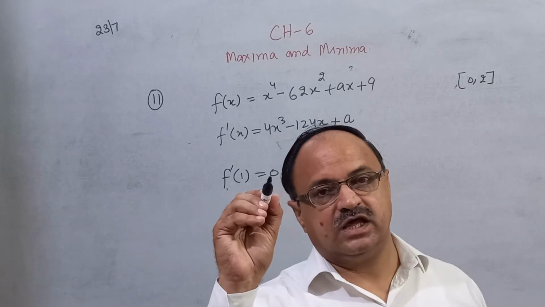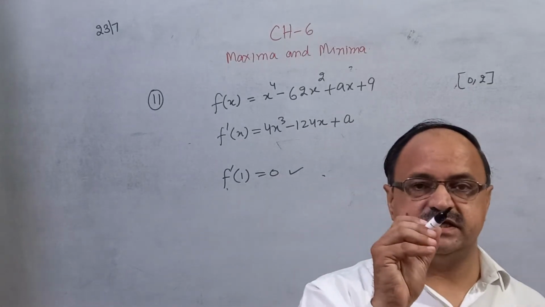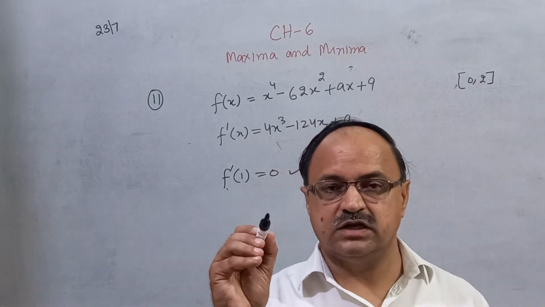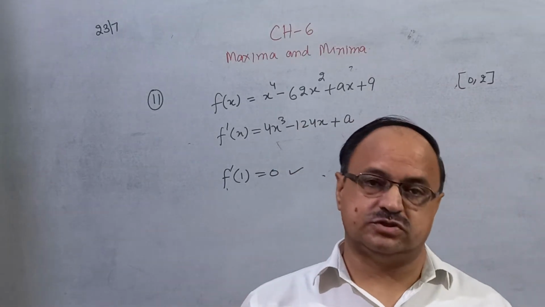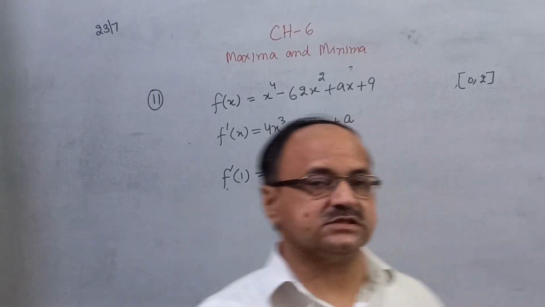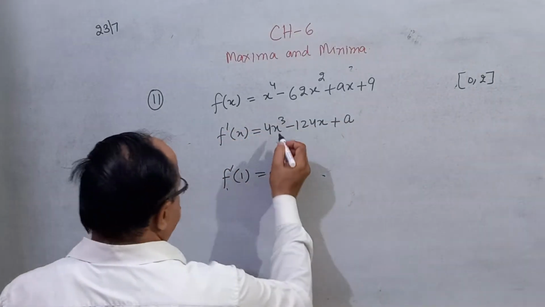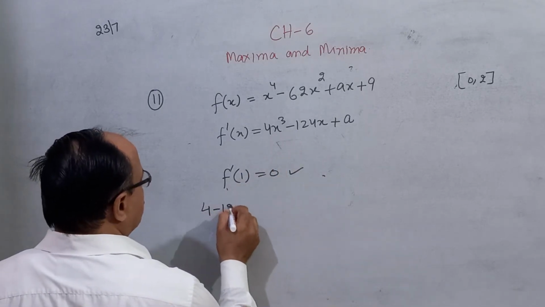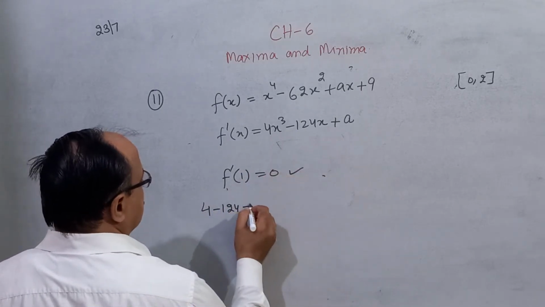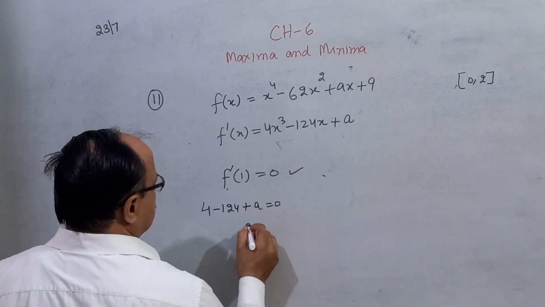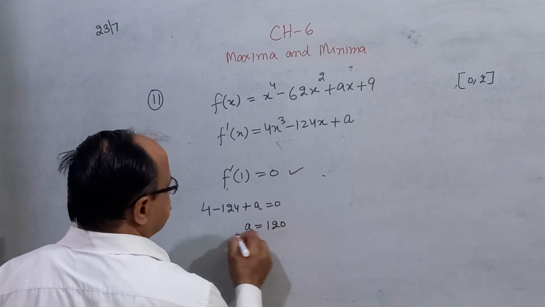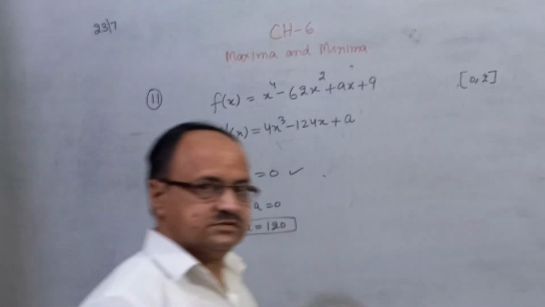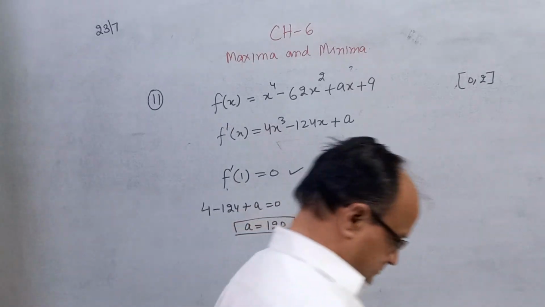It means if I draw a tangent which passes through the point x is equal to 1, the slope is equal to 0 because that line is parallel to the x-axis. Now put here x is equal to 1: 4 minus 124 into 1 plus a is equal to 0. The a is equal to 120 is the answer. This is the answer of this question. Simple question and very important question.